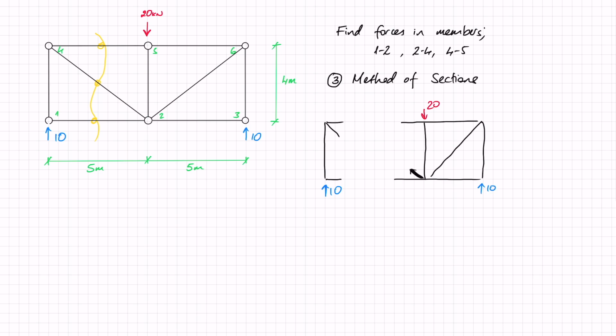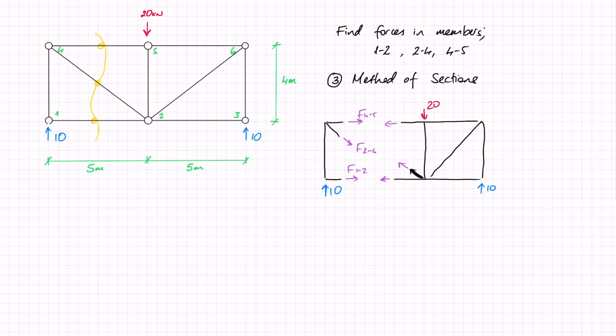Now I need to express the internal forces. So I'm going to assume that they are all in tension, which means this is how they're going to look. This here is F4,5, this is F2,4, and this is F1,2.